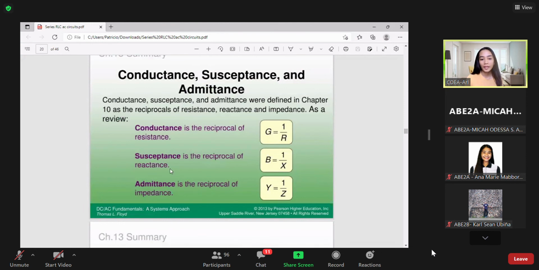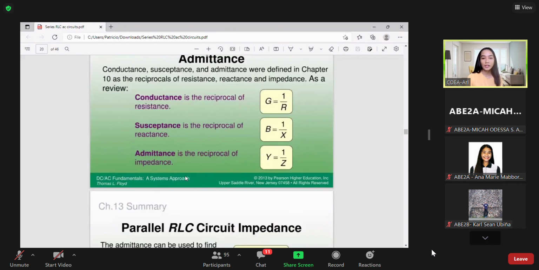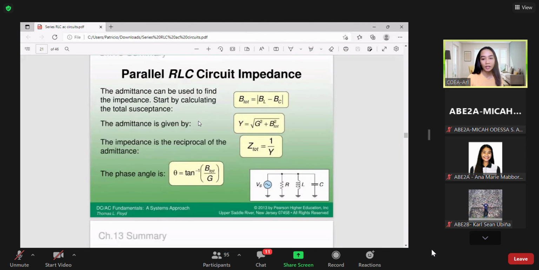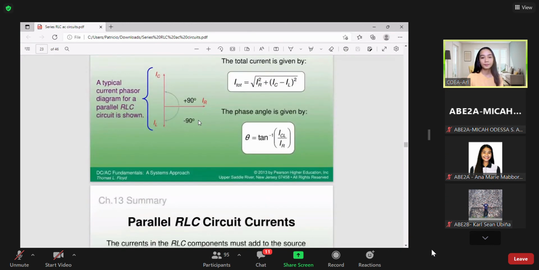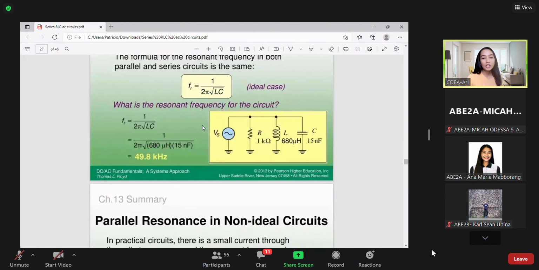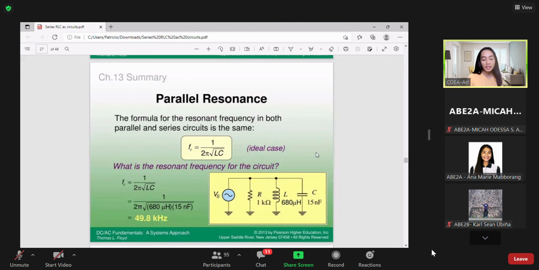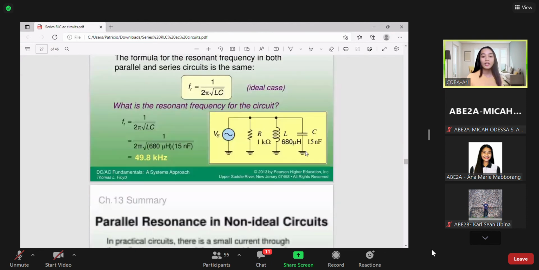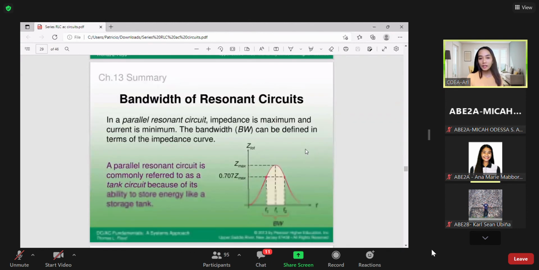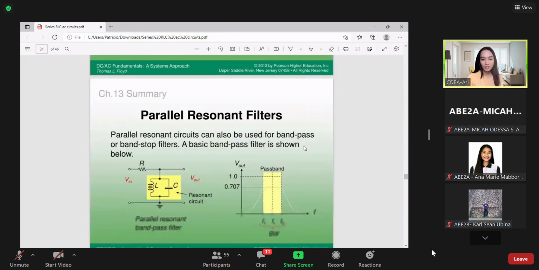And for the inverse of impedance, which stands for Y naman, ang indicator natin, that is admittance. Ganun lang siya. Ang coverage lang ng quiz nyo is simply the series RC, the series RL, and the series RLC circuits.